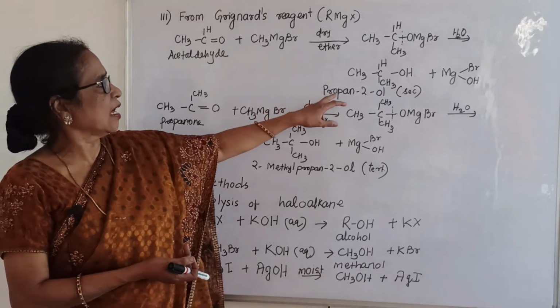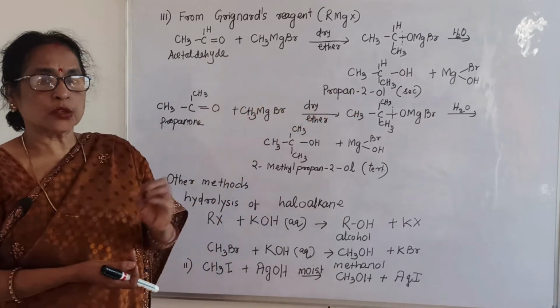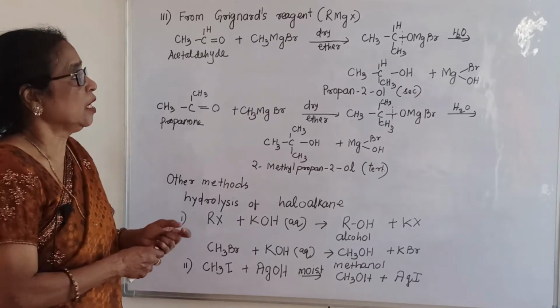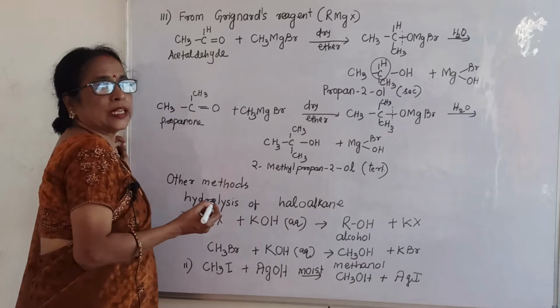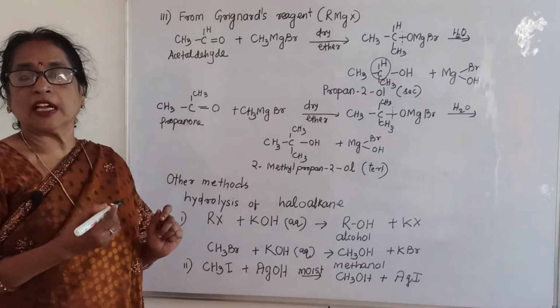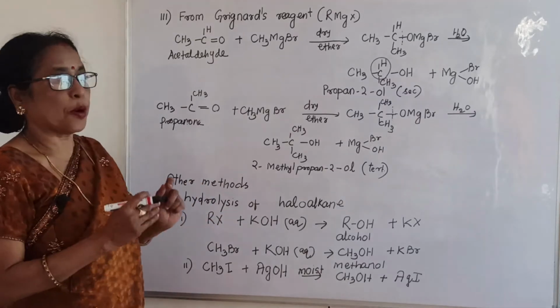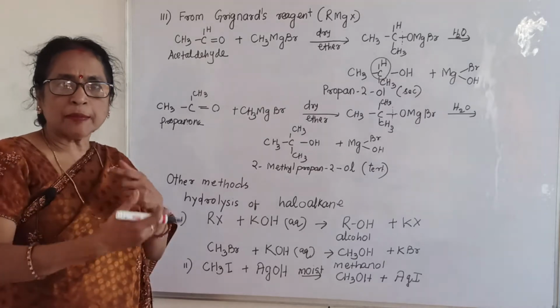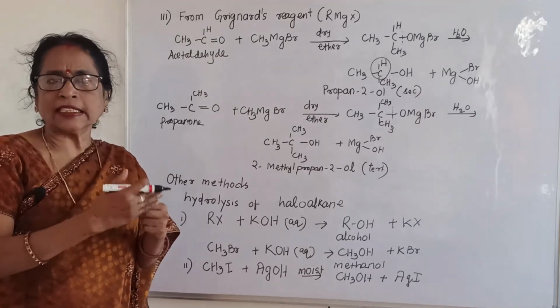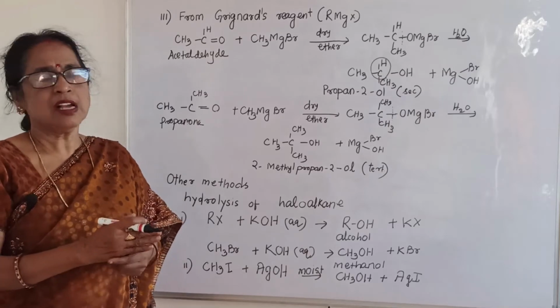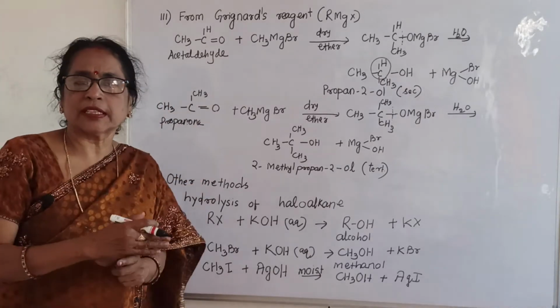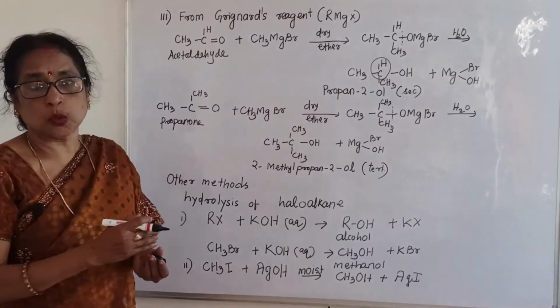In a secondary alcohol, you can observe that the OH group is attached to a CH group. That is why you can say it is a secondary alcohol, named propan-2-ol. So far, formaldehyde gives ethyl alcohol, which is a primary alcohol, and acetaldehyde gives a secondary alcohol, that is propan-2-ol.